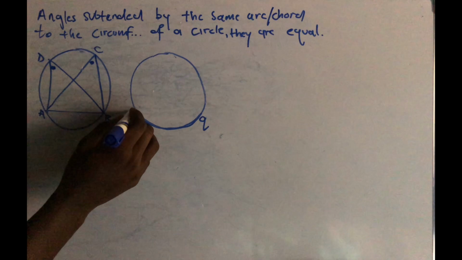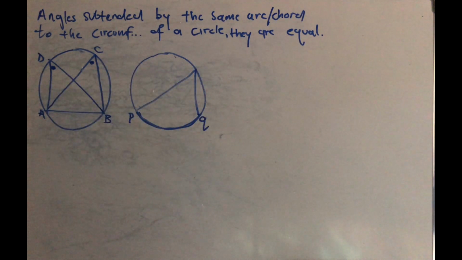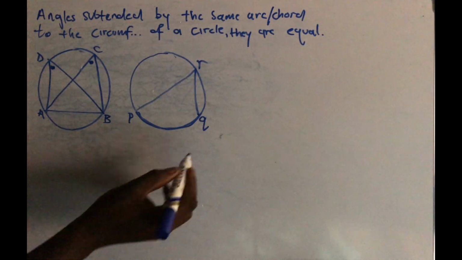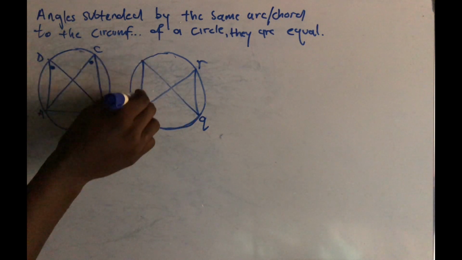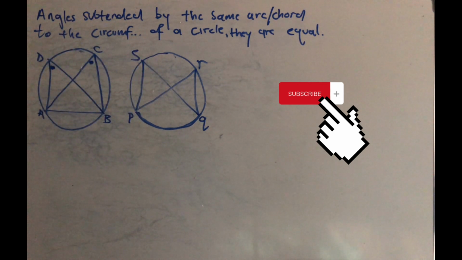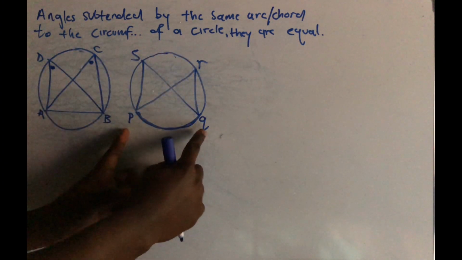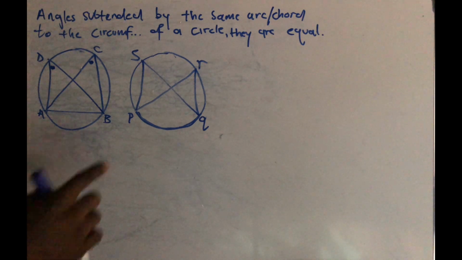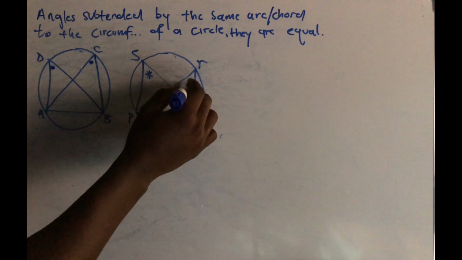Let's say PQ subtends an angle R to the circumference of the circle, and it also subtends another angle, let's call this S, to the circumference. That means angle S is equal to angle R.